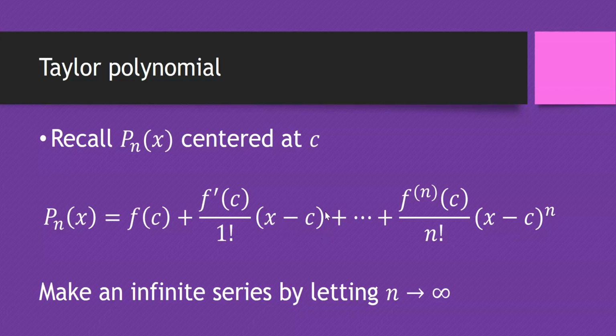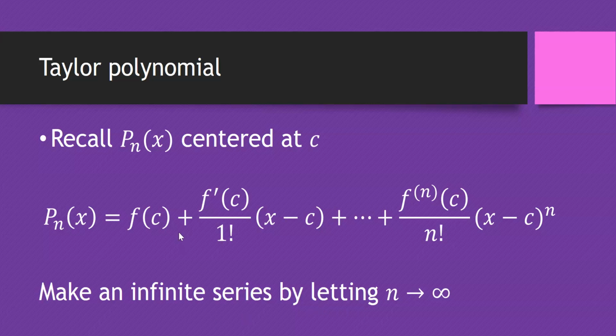Well, think about what that is. That's basically the first few terms. We have x minus c to the 0th power, x minus c to the first power, x minus c to the second power, all the way to x minus c to the nth power. That's the first few terms of an infinite power series.